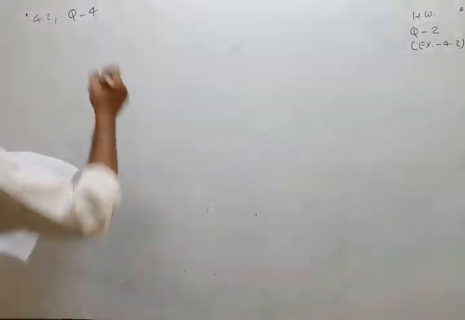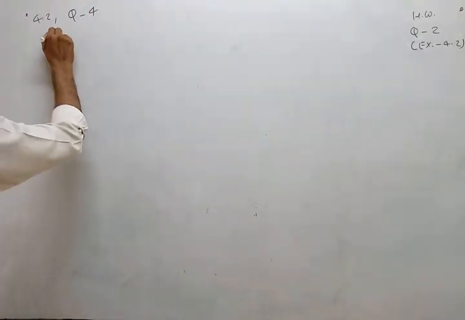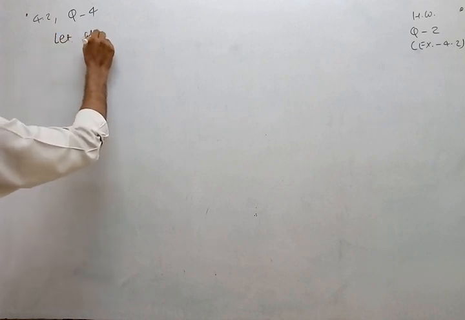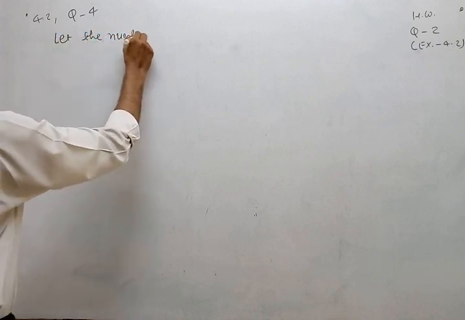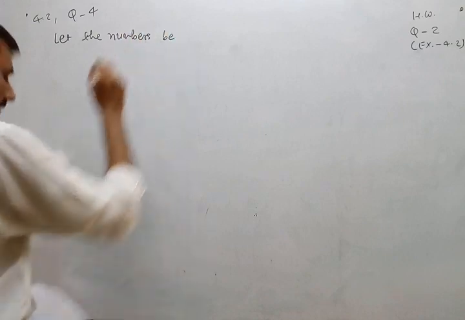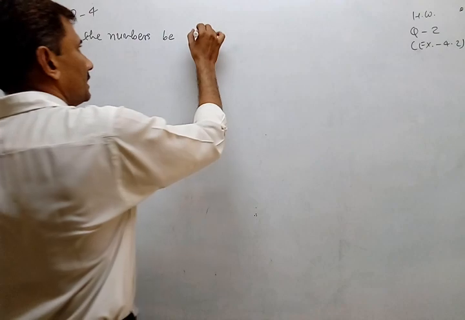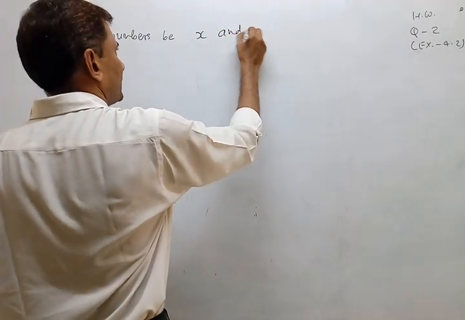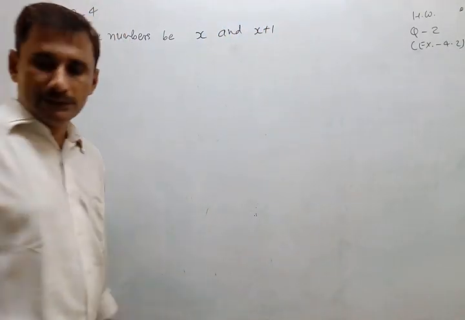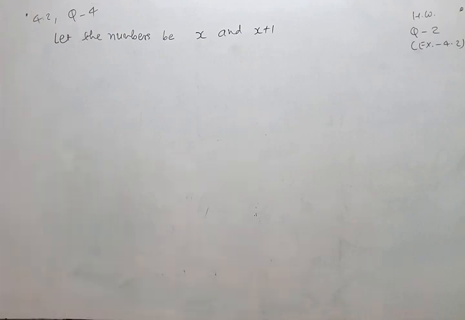So write down both numbers. So let the numbers be x and x plus 1. Okay, these are the required numbers.